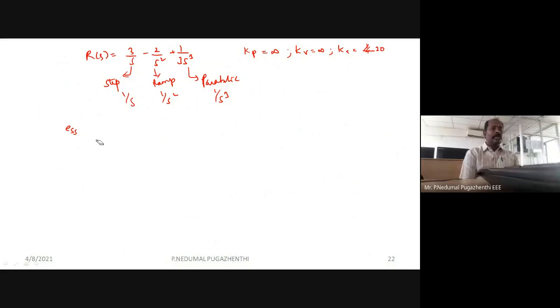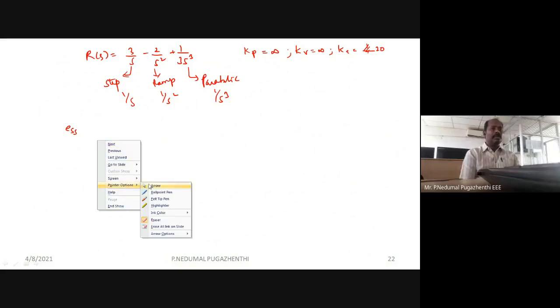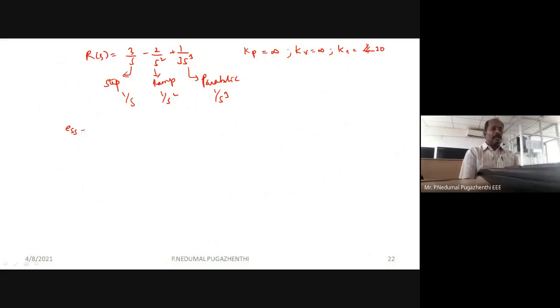This is again a very shortcut method where you can get the same results. The steady state value is equal to, for the step input, 3 into 1 by 1 plus Kp, because 1 by 1 plus Kp is for 1 by S. Again minus 2 will be there, 1 by Kv.